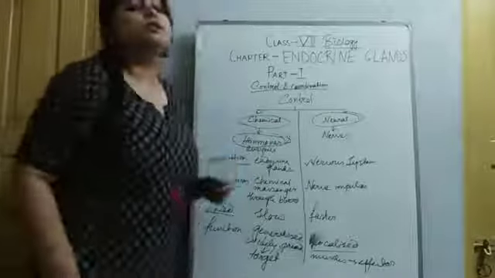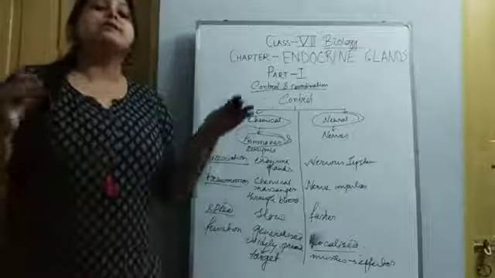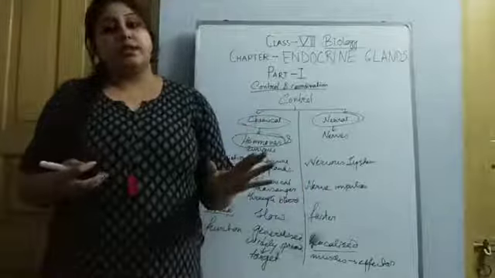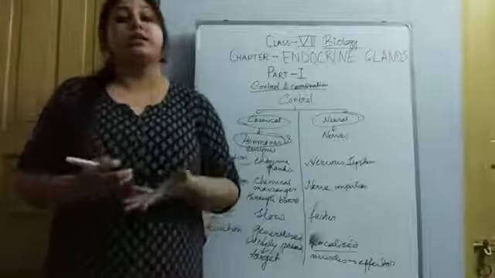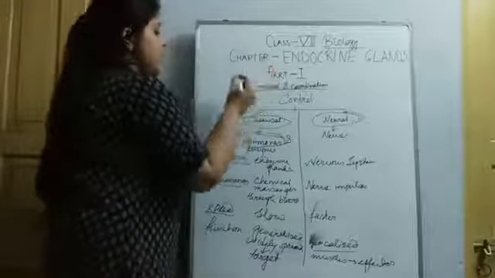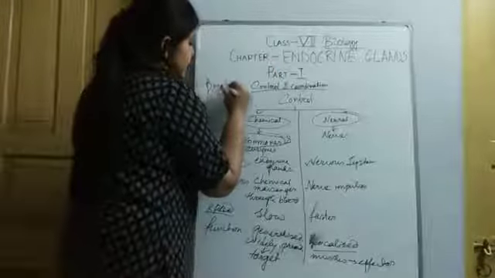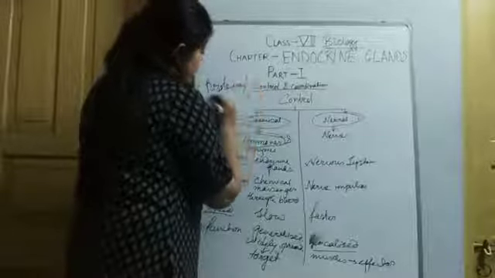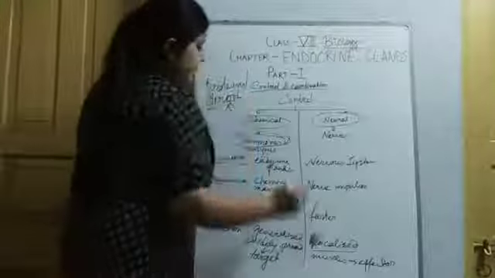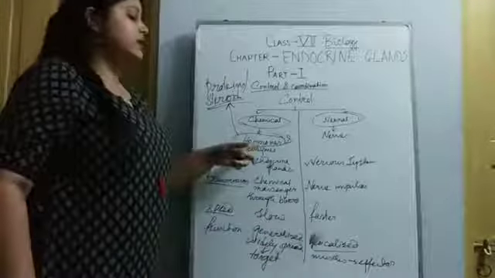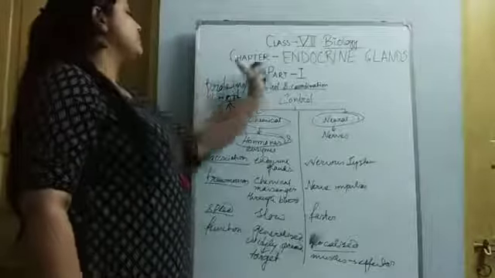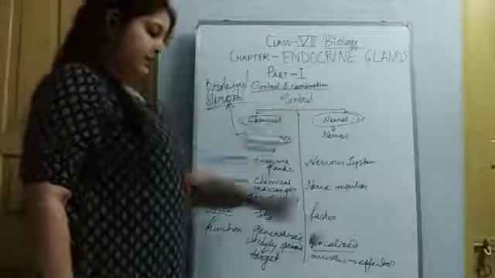Now in this chapter we have to know mainly about the hormones. So what is a hormone? A hormone is nothing but a chemical messenger which helps in control and coordination, and it is mainly made of proteins or steroids.